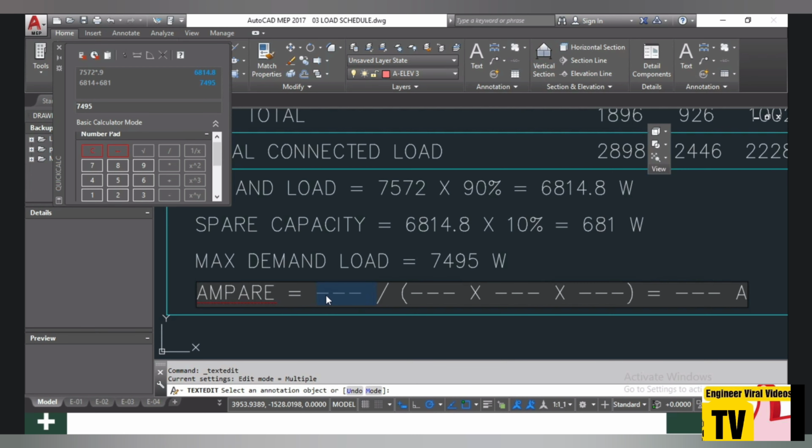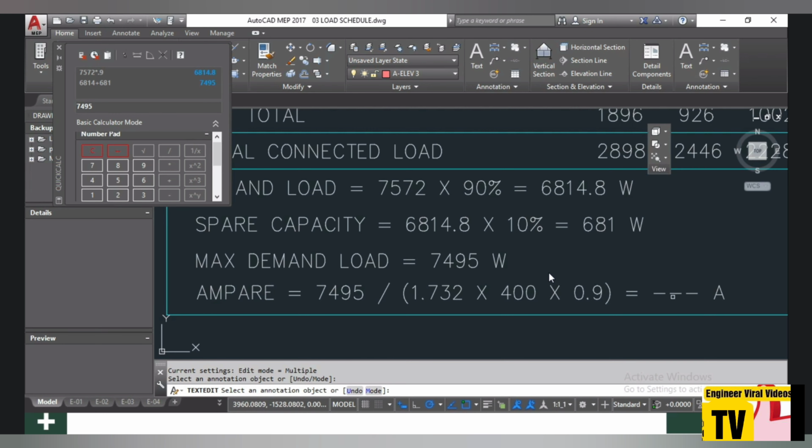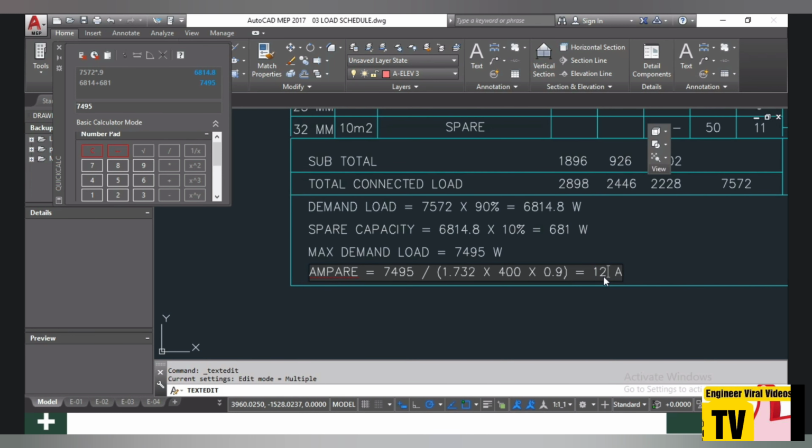Here I will take the demand load 7495 divided by root 3, which is 1.732, and the voltage was 400, and the power factor, suppose it is 0.9, and the current will be 12 ampere.